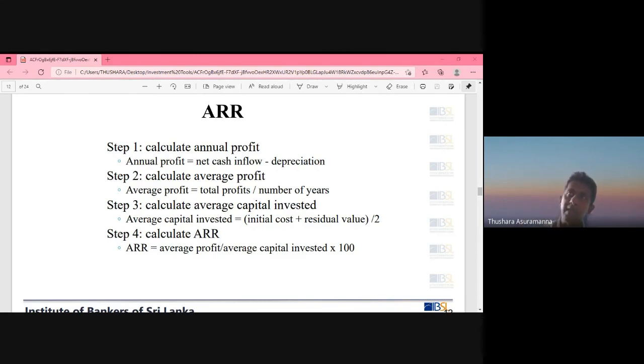Step 2, you can compute the average profit. Step 3, initially you have 100,000. At the end of year 4, you have some residual value. Add those two up, divide by 2, and you have the average investment. Then step 4, average profit to average investment will give you the ARR. See whether you can get that answer.